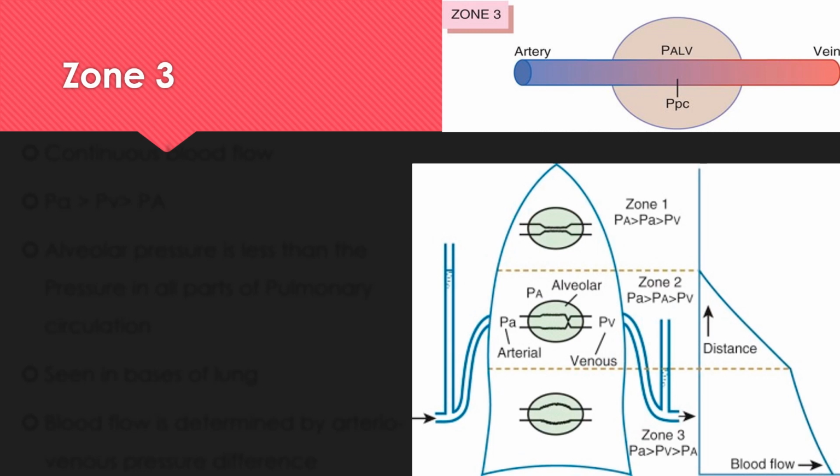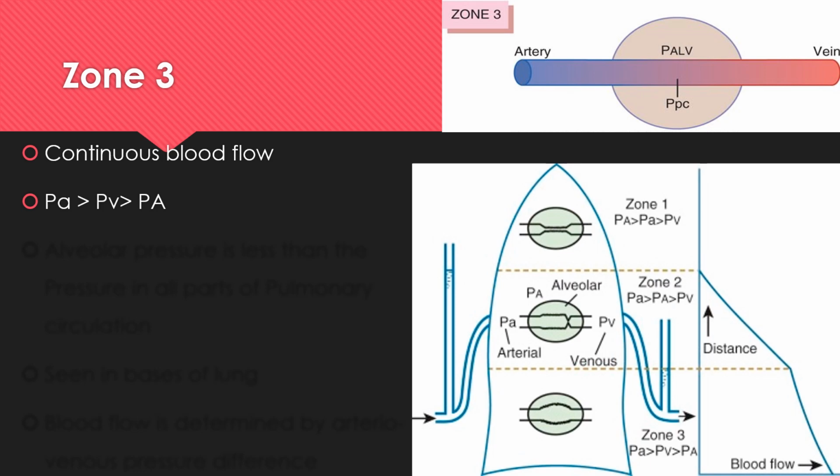Moving on to zone 3. This refers to the region of high continuous blood flow where the capillary pressure remains greater than the alveolar pressure during the entire cardiac cycle.